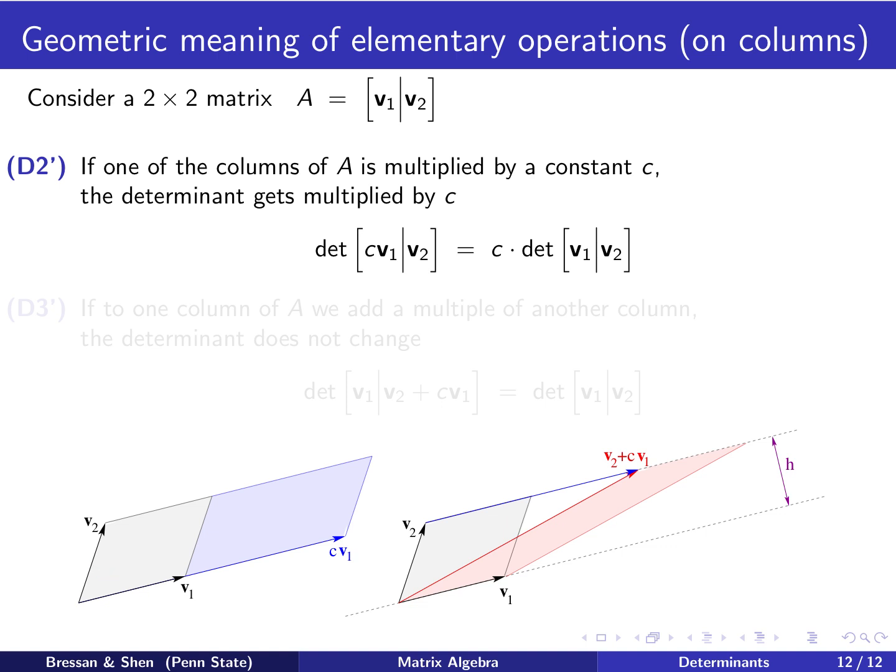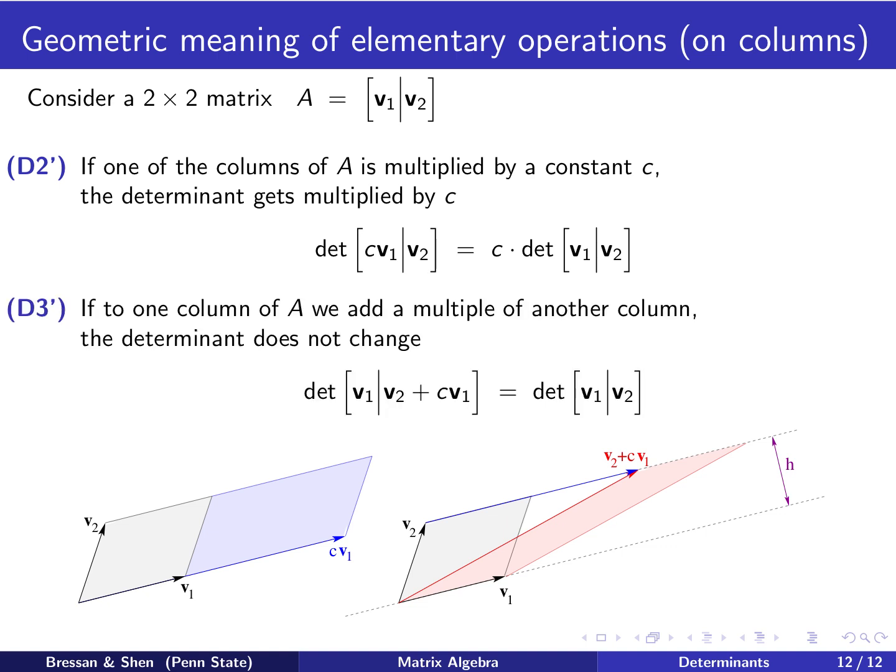If I take the first vector V1 and multiply by a factor C, let's say C is about 1.5, then CV1 is longer. The matrix would be the first column, that's the second column, and the determinant will be the area of this parallelogram. This area will be the original area multiplied by C.